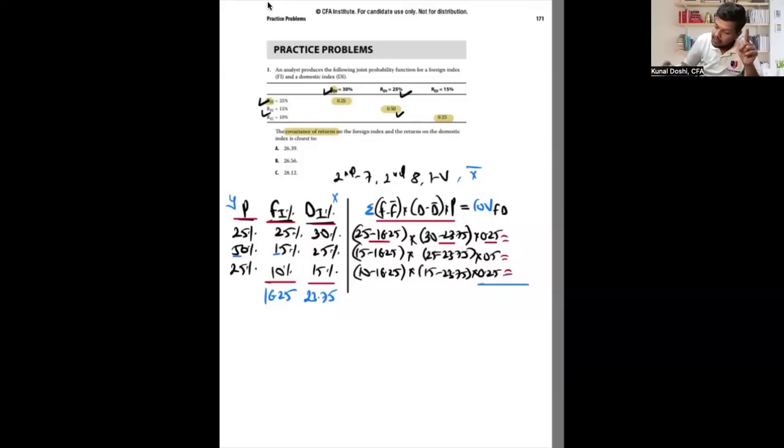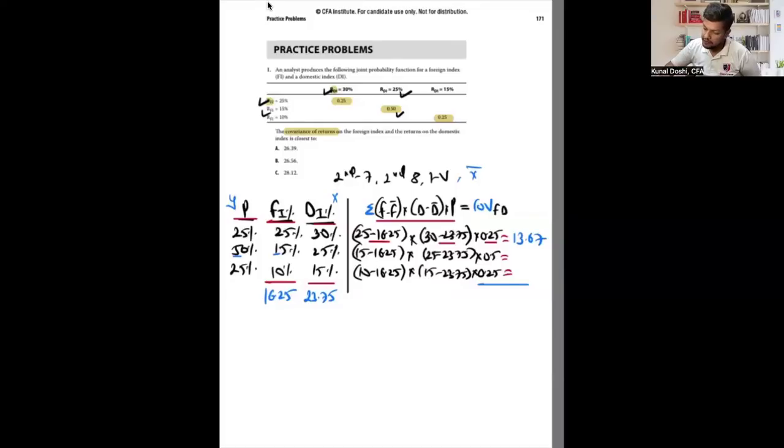Now solve the second one: 30 minus 23.75, you will get 6.25. Multiply with recall 1, multiply with the probability 0.25, and again store 1. This gives you 13.67 positive. Are you getting 13.67 positive? Check it.